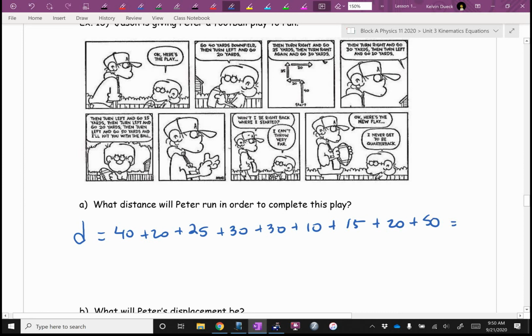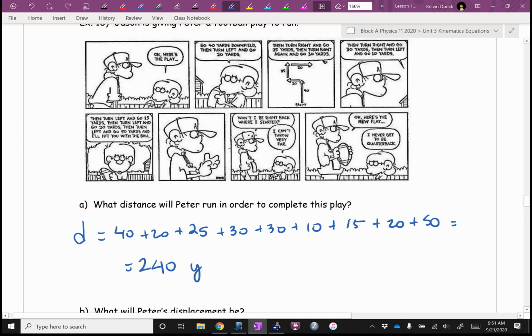I can do this in my head. 60, 85, better yet 90, 115, 145, 155, 165, 170, plus 240. Double check me. Am I right? I might be wrong. The answer 240? Yeah. I can do math in my head.